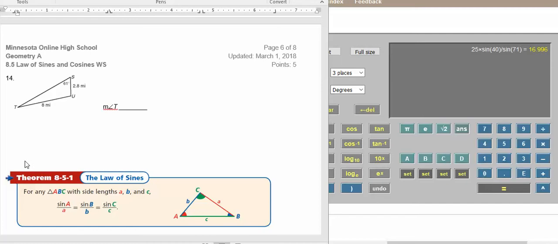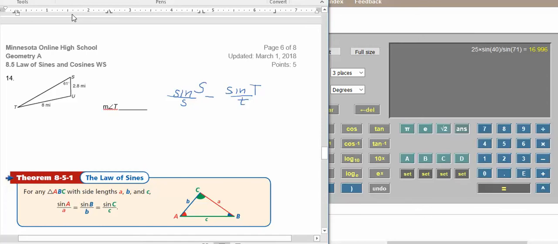You can pick any side to be side A. I know they say S, T, and U, but that just means we'll use the sine of S over side S equal to the sine of T over the side T. So you don't have to have A, B, and C like it does down here.